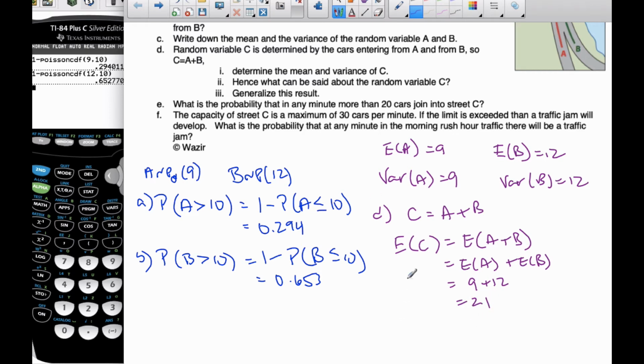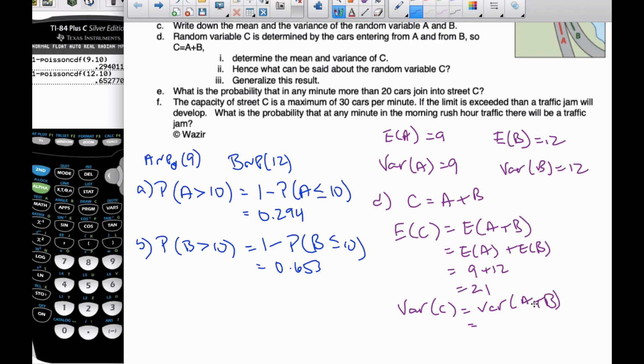Similarly, if I want to find the variance of C, well, the variance of C will be the variance of A plus B. When I add random variables, I still add the variances. Remember, if I subtract the random variable, I still add variances. Always adding variances.